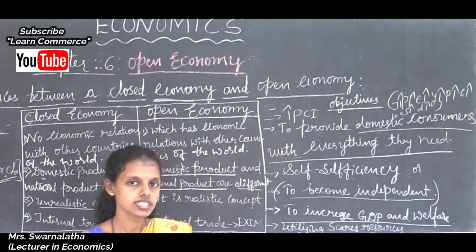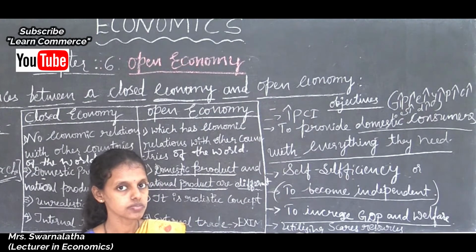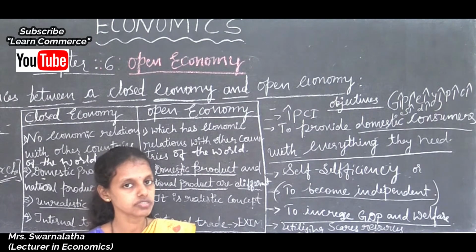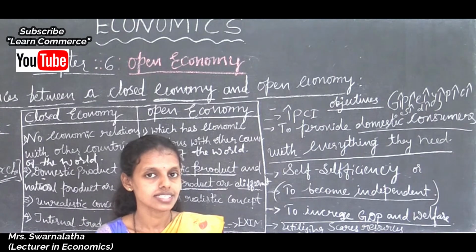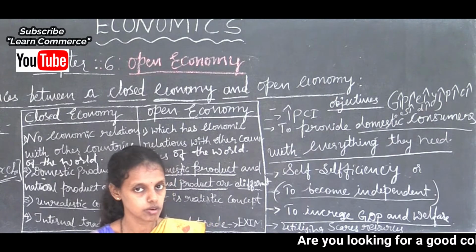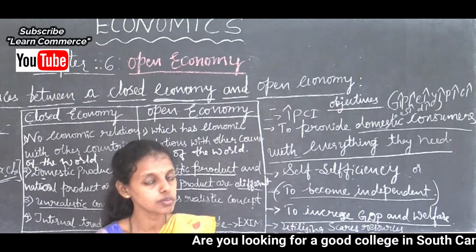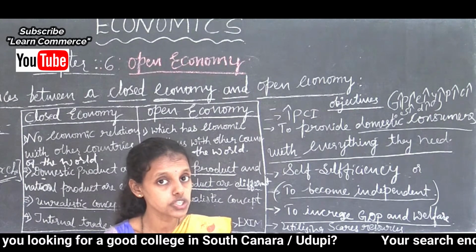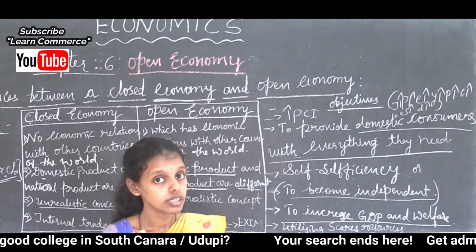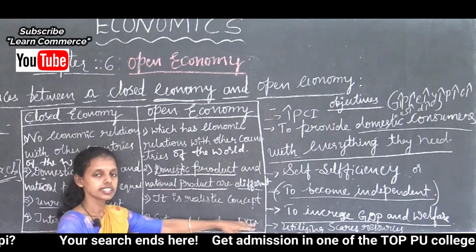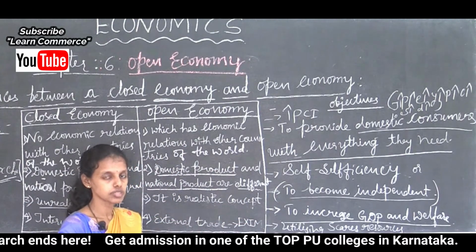Utilizing scarce resources in a gentle manner: as I already said in the first year, in first PU economics, scarcity is the main problem. It is the root of all economic problems because our wants are unlimited and resources are limited. In a country like India, the population is very huge, and it is unable to fulfill the needs of the people.